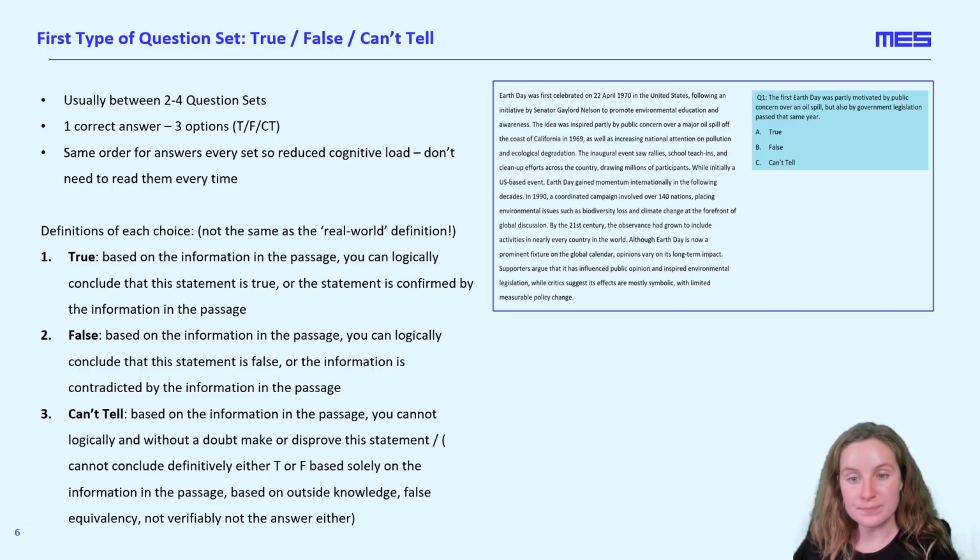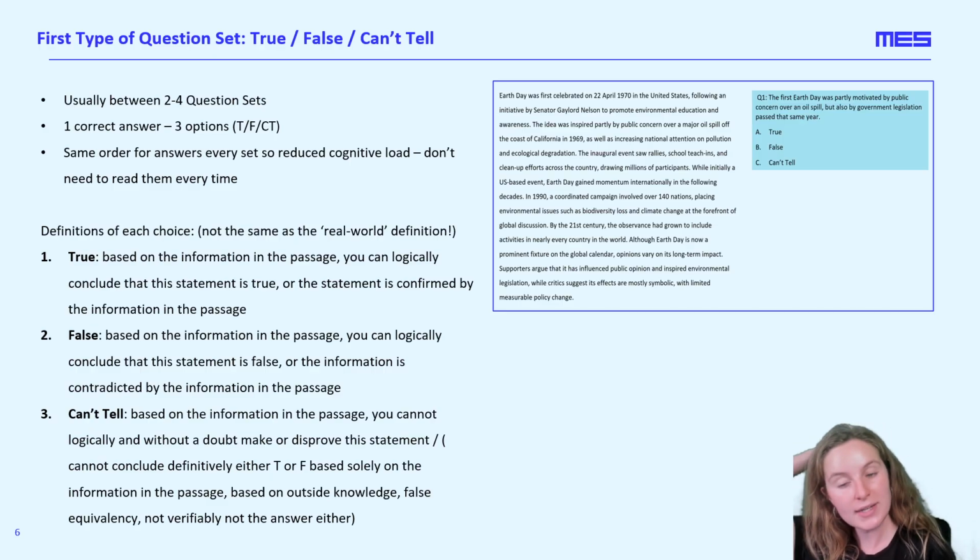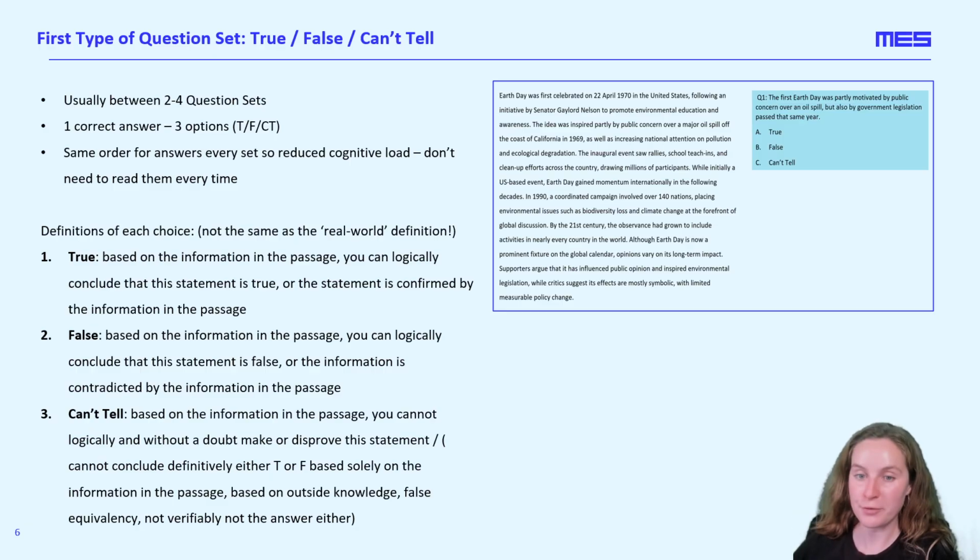No outside expectation or outside knowledge is required in this exam. In fact, outside knowledge is often a distractor. The examiners will choose a passage about something that you might know a lot about in order to steer you away from what the actual evidence is in the passage.